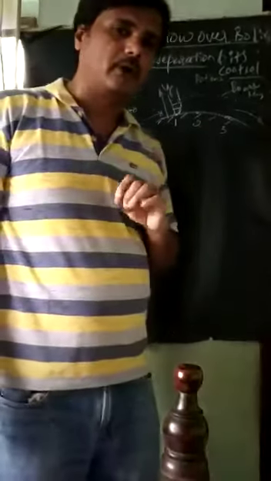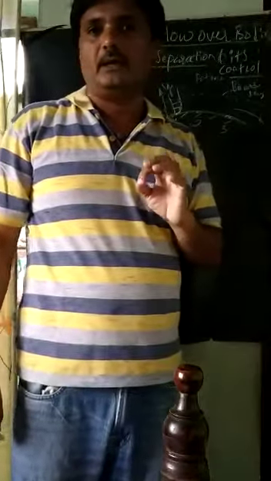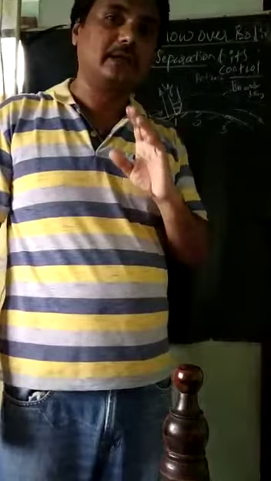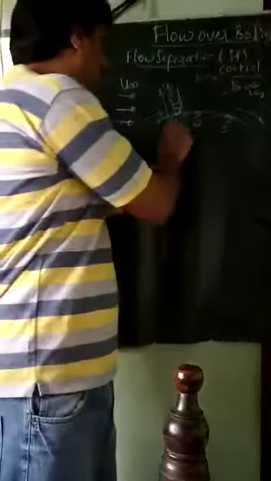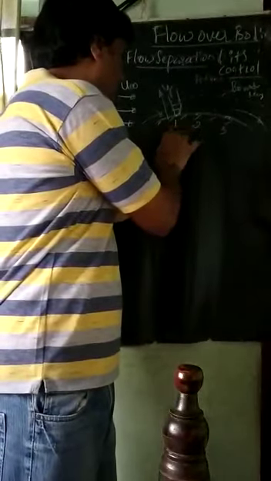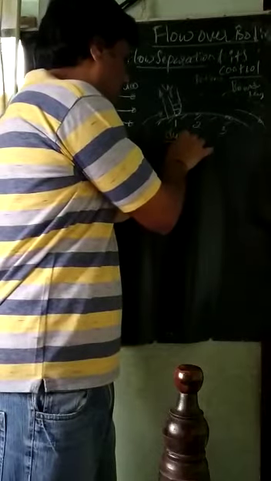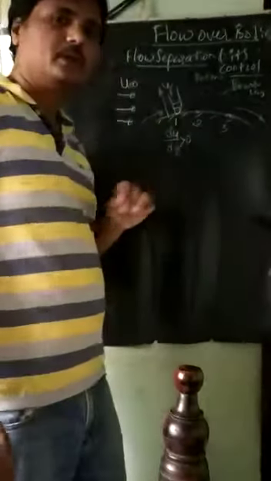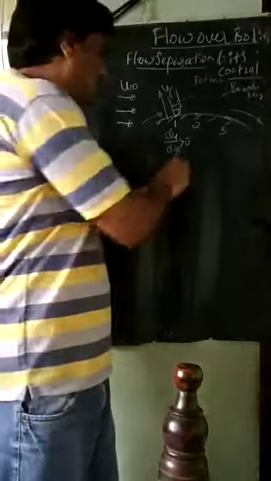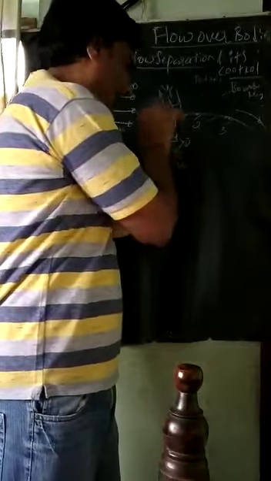In this velocity profile, if we define the velocity gradient, that is du divided by dy, it is greater than 0. Greater than 0 means it is positive here.